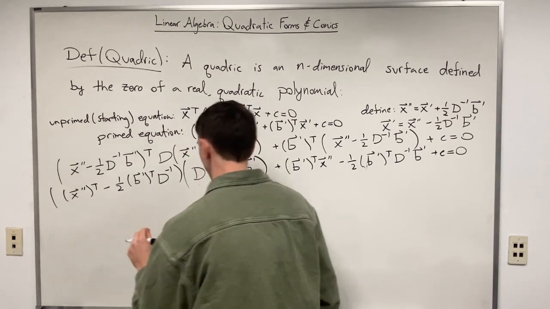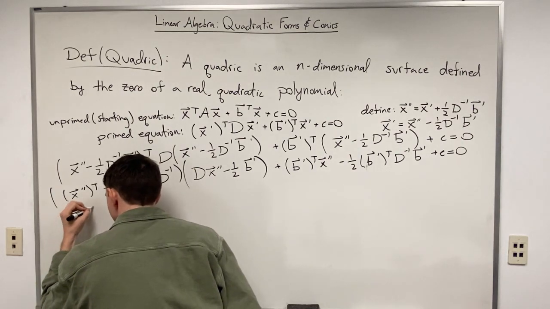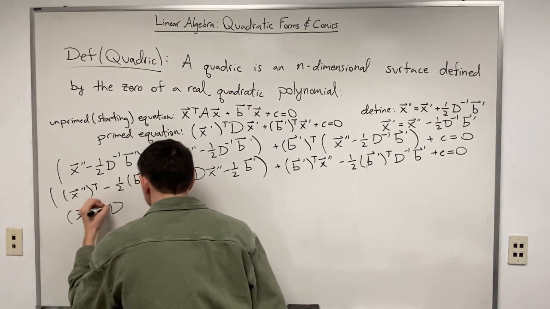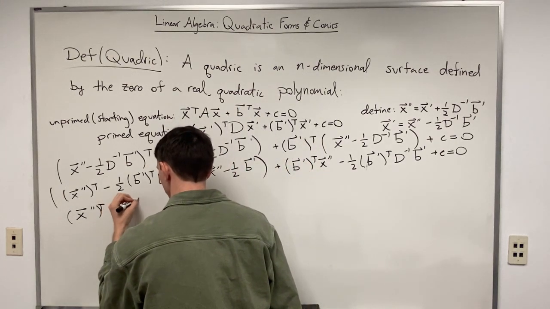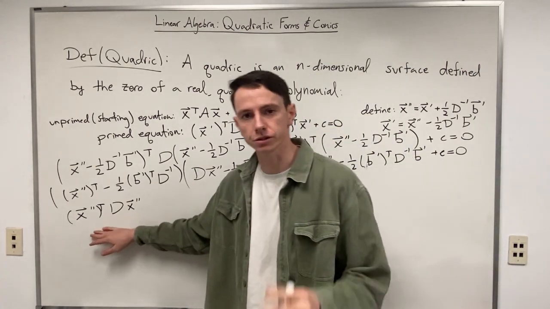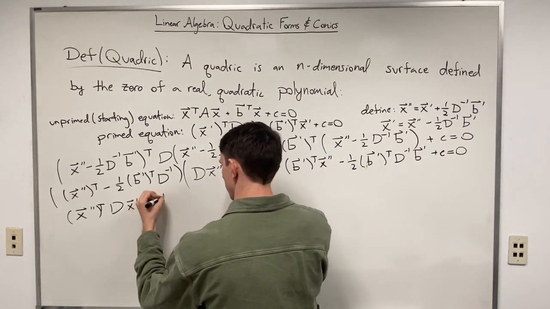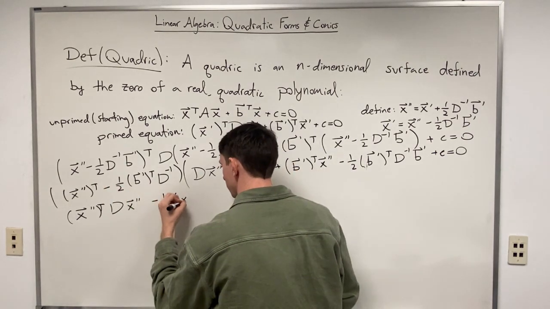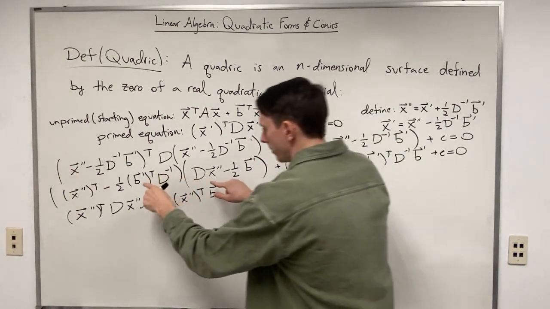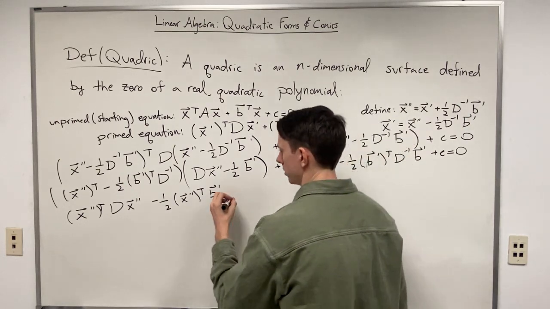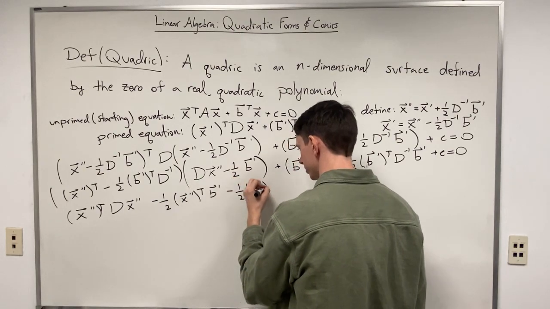So I'm going to have x double prime transpose D x double prime. And this is good too, right? Because this is the form that we really want to get things in. Minus 1/2 x double prime transpose b prime. Then minus this quantity, which is minus 1/2 b prime transpose.